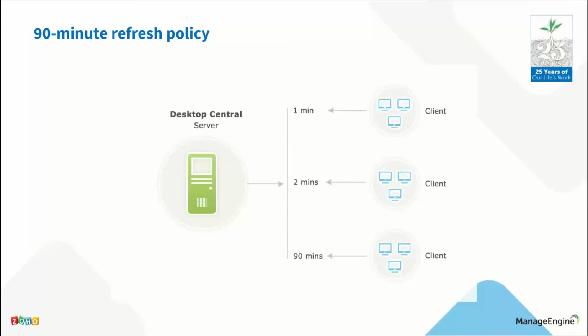Even if you have 90 machines or 900 or even 9,000 machines, this 90 minutes will be divided between them, and each machine will be given a specified time interval for the agent to talk back to the server. Now, the server has the intelligence to assign this time for each client to talk to the server, okay?